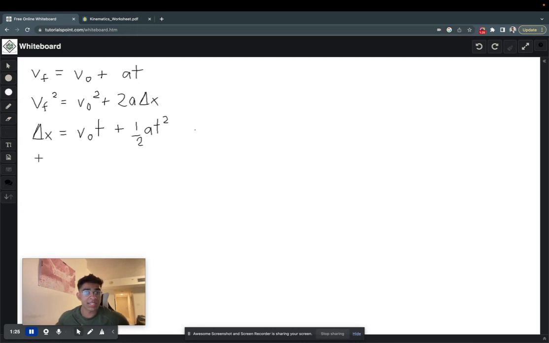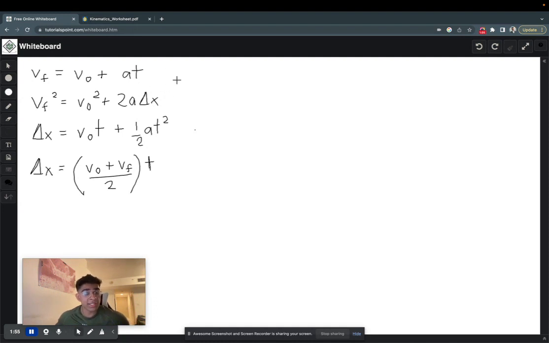Next one is displacement equals initial velocity plus final velocity divided by 2 multiplied by time. So these are the four equations that we're going to use to be able to solve any one-dimensional kinematics problem.